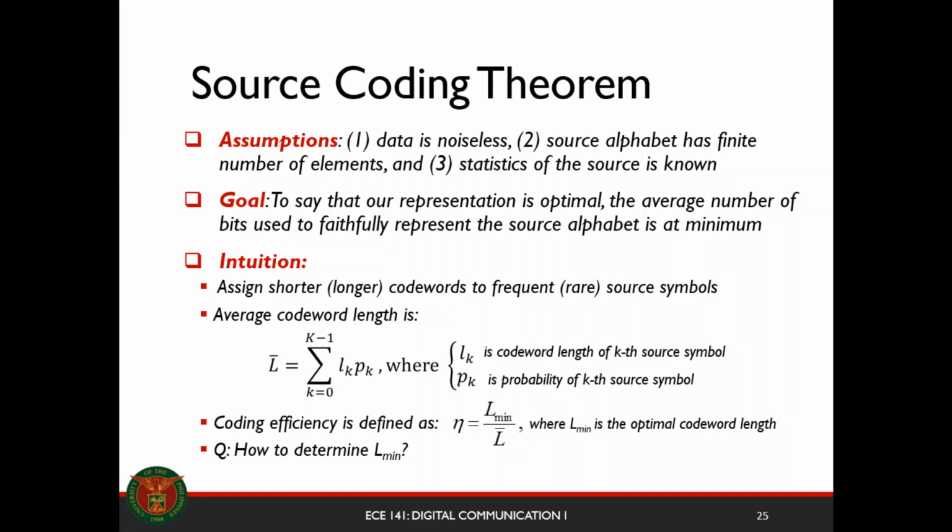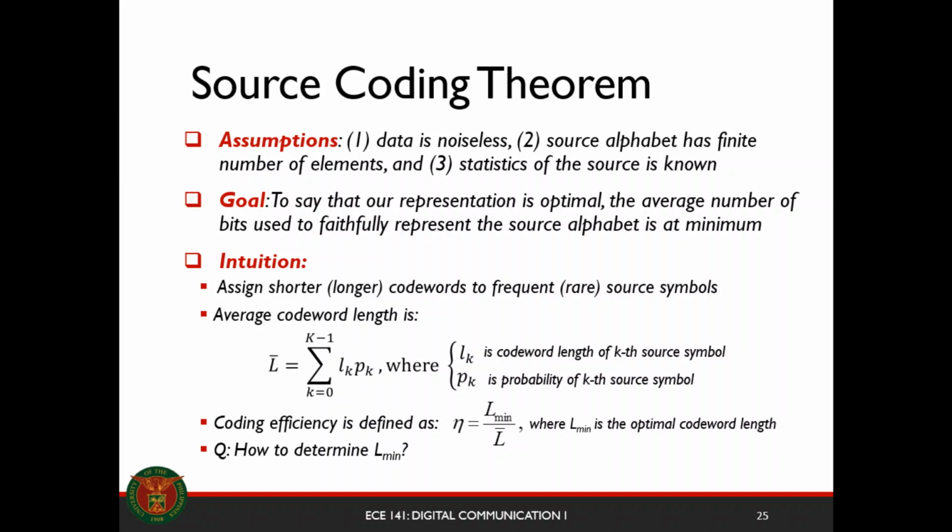With that, we define the average code word length, basically the number of bits per symbol that you use to represent the information coming out of the data source. The average code word length is basically the expected number of bits that will be used to transmit or represent the data. Okay, so it's defined by this equation as you see right here.